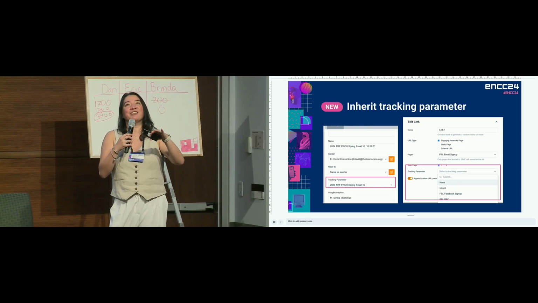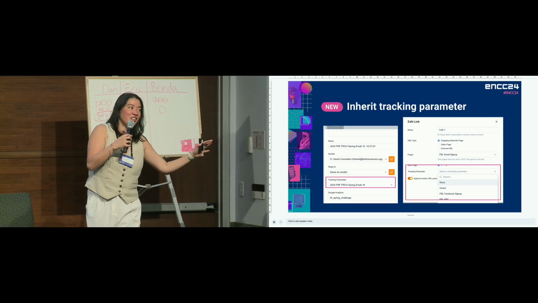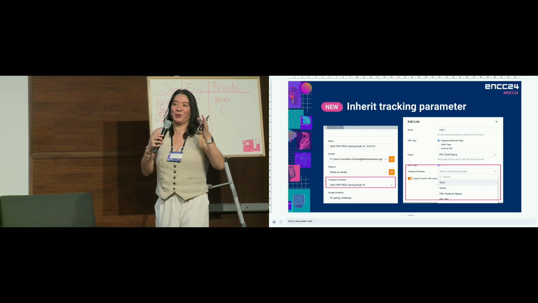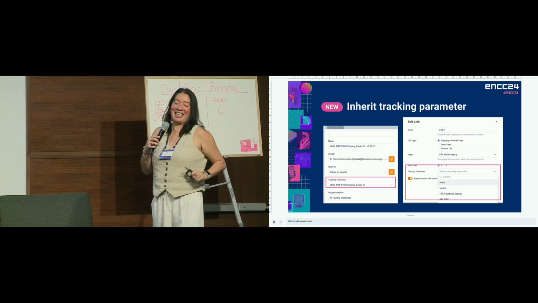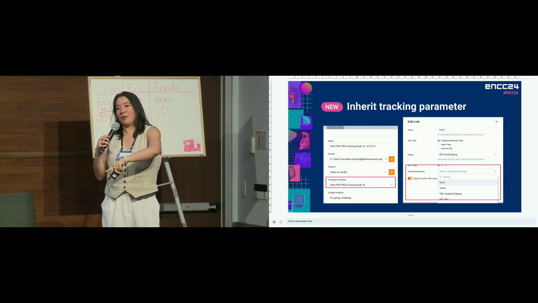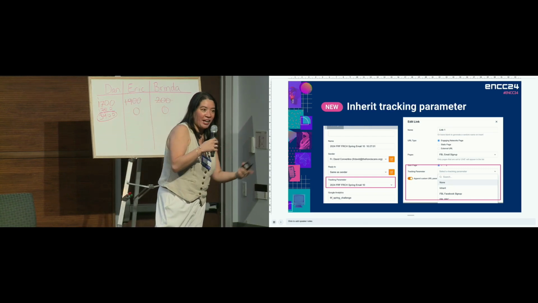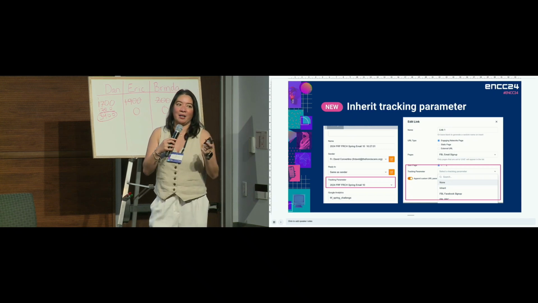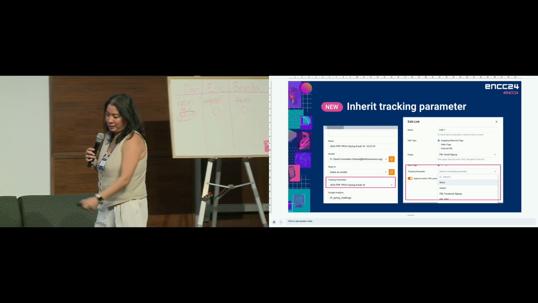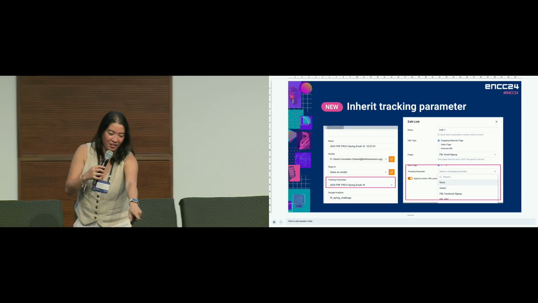And then you just have to set it to inherit so that all your links inherit that tracking parameter. Thank you, Ian. But if you really don't want it to inherit that tracking parameter, you could still call a custom tracking parameter for that. Totally love that feature. So yeah, right there, inherit.